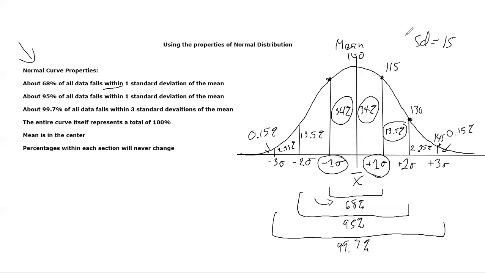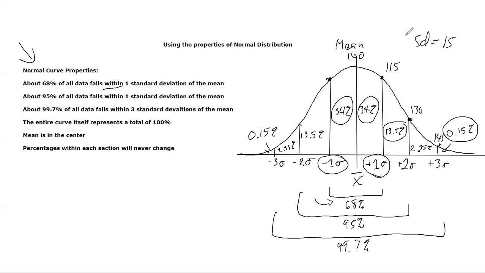That's 2.35%. Yes, there's a decimal, and the decimal is a percent at the same time. The last part, the smallest part, is 0.15%. That's less than 1%. That's like a fraction of 1%. That's anything past 3 standard deviations. It's a really, really small percentage. Anything past 3 standard deviations is super rare.